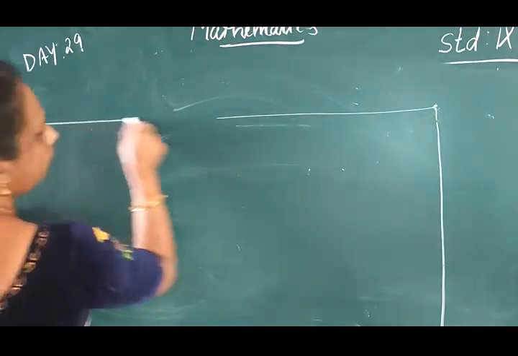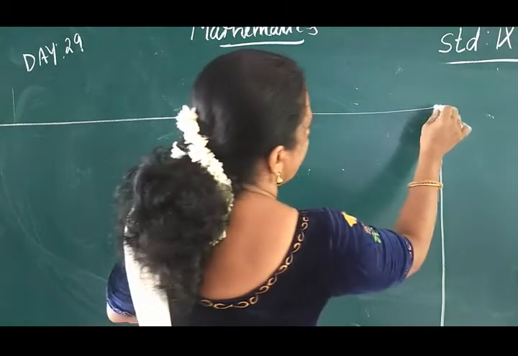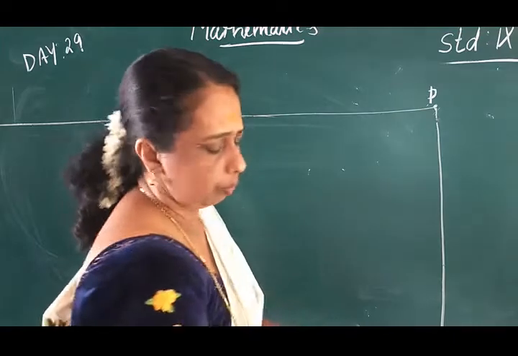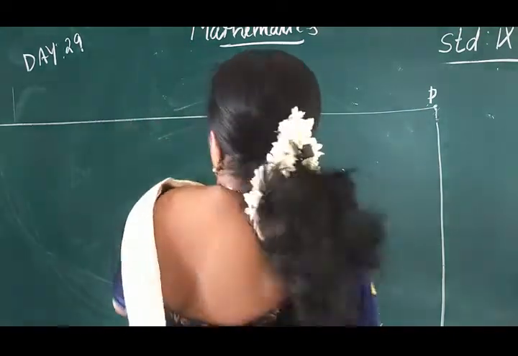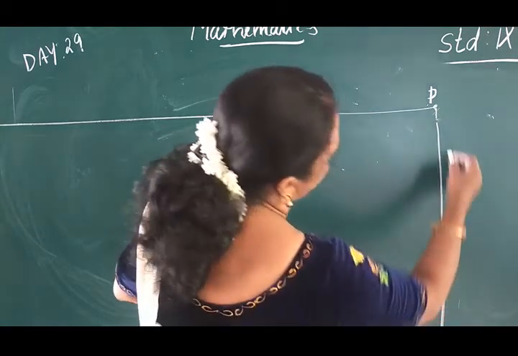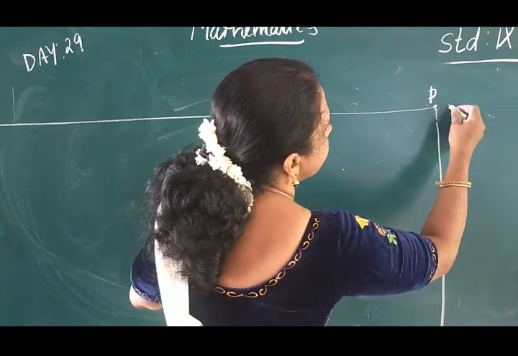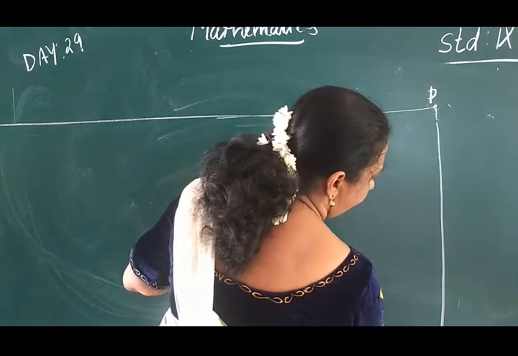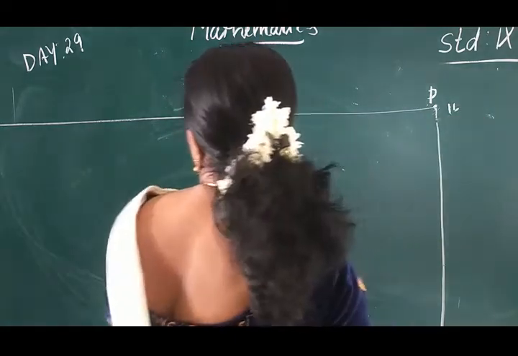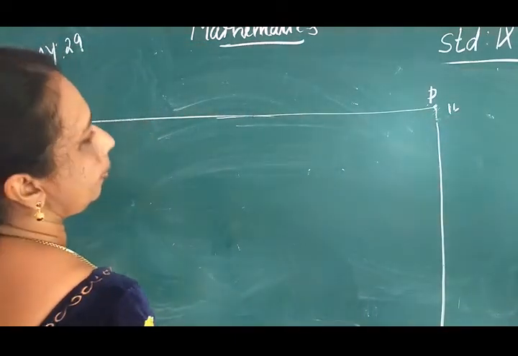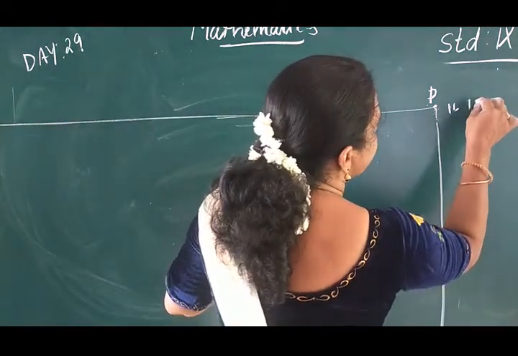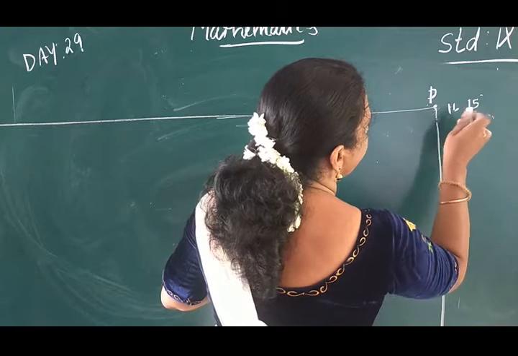Here I am writing point P. This point is 10 centimeter away from the bottom of the board, and 15 centimeter away from the left side of the board.